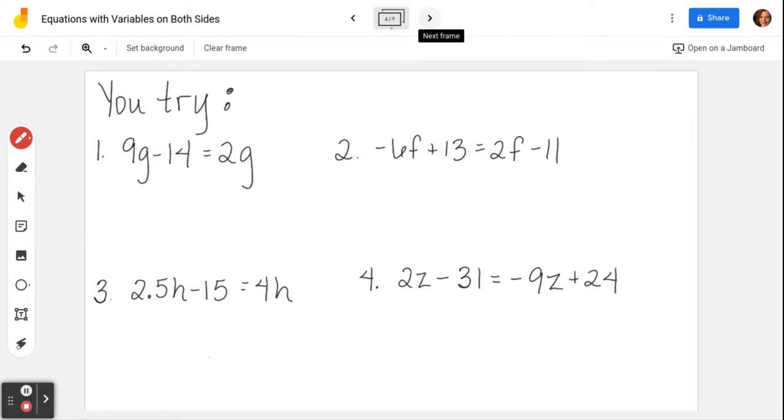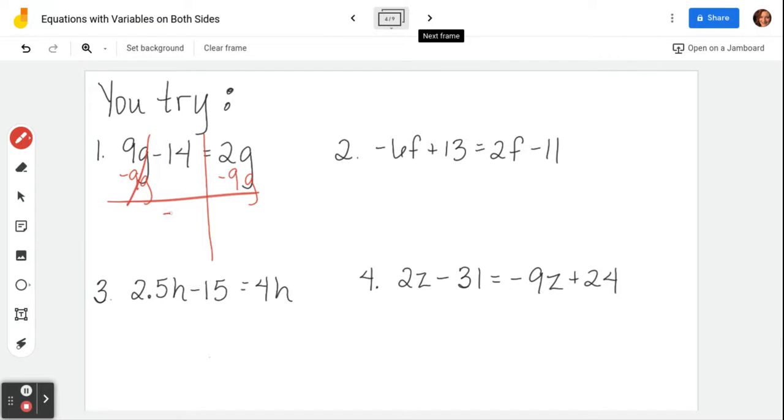Okay. Hopefully you did. I hope that you really did pause and try this, but let's go over them. Number 1, I'm going to split it. Subtracting the 2g doesn't really get me anywhere because then I have nothing over there and I've got to add a 0 and create a whole extra step. So I'm going to subtract the 9g from each side.